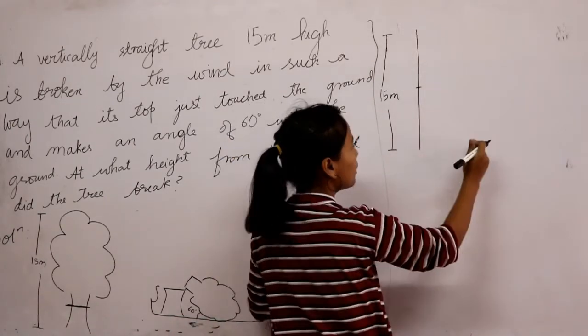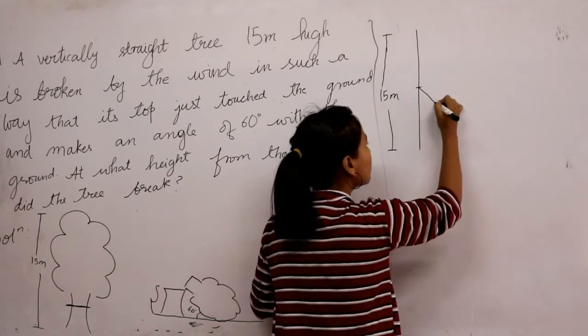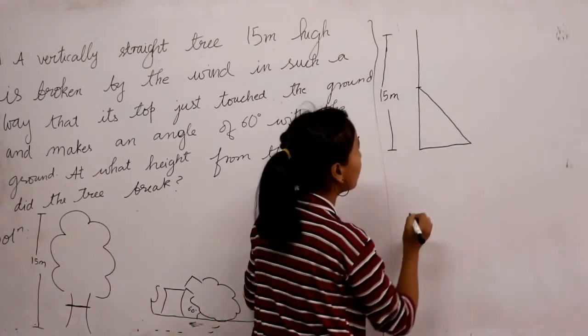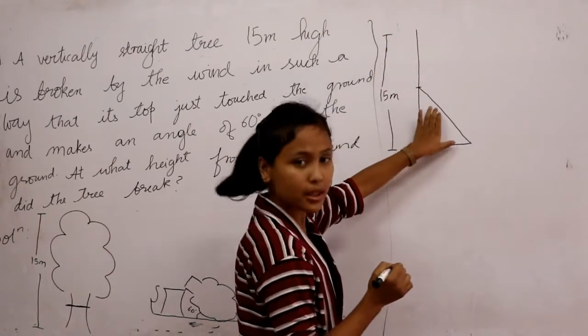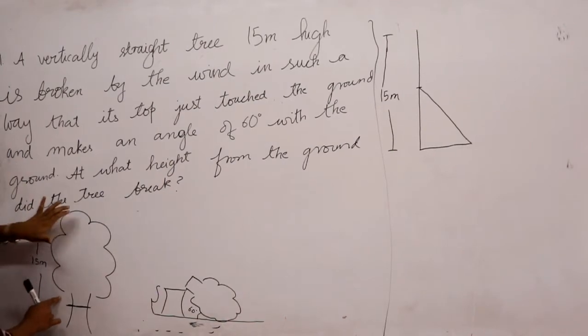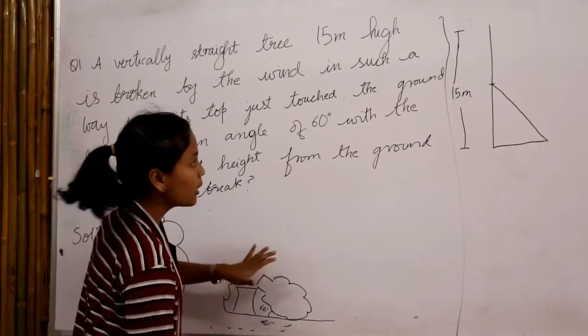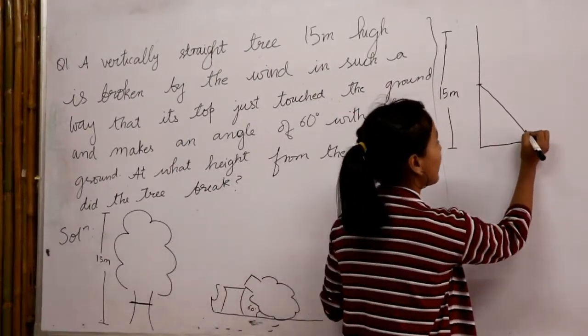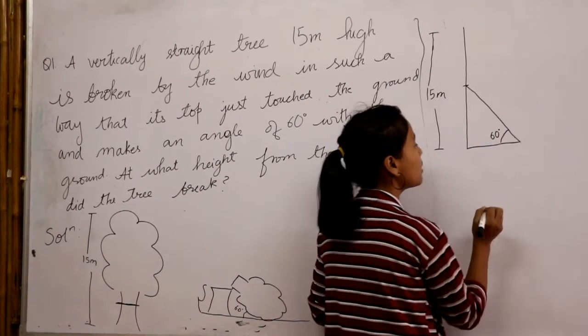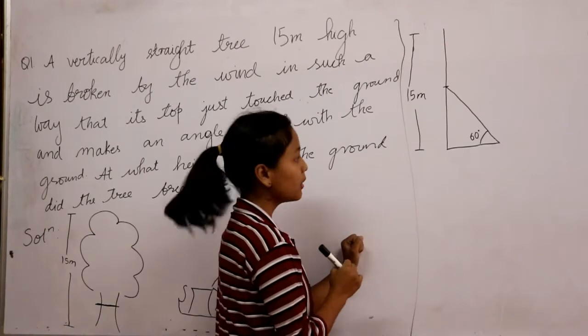Then this top will be here, and this is the ground. This part is equal to this part, you can see from here. And it makes an angle of 60 degrees with the ground. So this angle will be 60 degrees.